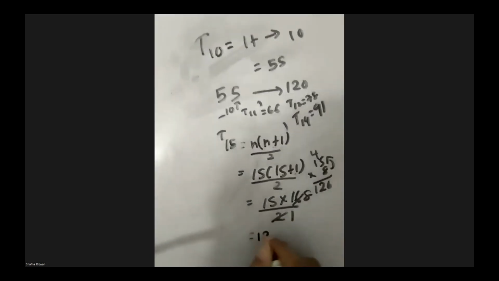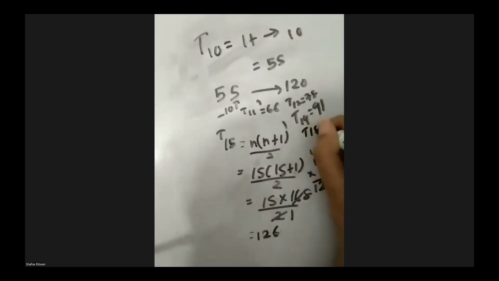Now multiply 15 by 8. 5 eights are 40. 8 ones are 8 plus 4 is 12. So 120. T15 is 120. Now enough. Did you all write it?